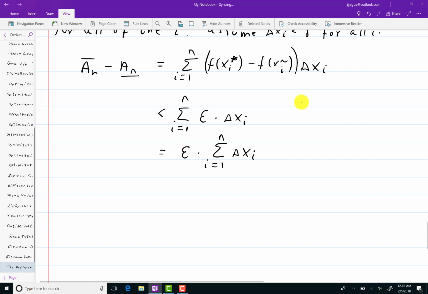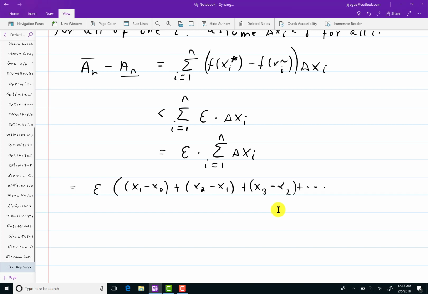Well, delta xi, that equals, and I'll write them out, x1 minus x0 plus x2 minus x1 plus x3 minus x2 plus dot dot dot, and then finally xn minus x n minus 1.